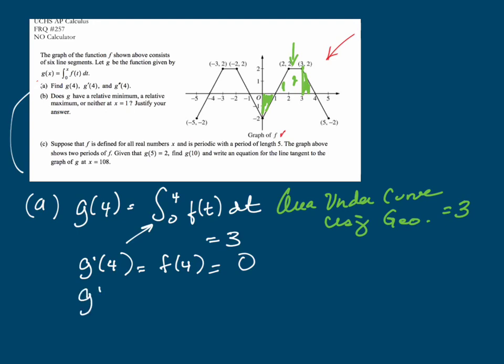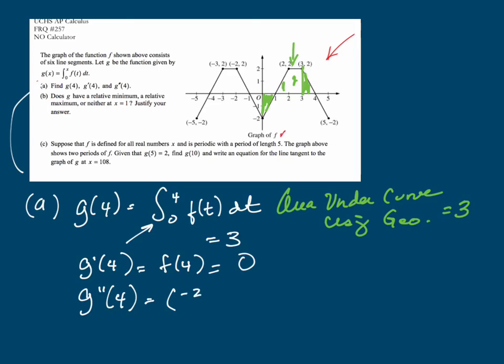And then g prime prime of 4, do you remember how to do this? This is the second derivative, and so if this is the first, it means what's the slope, right? What's the slope of this? You can use these 2 points they gave you: 3, 2, and 5, negative 2.